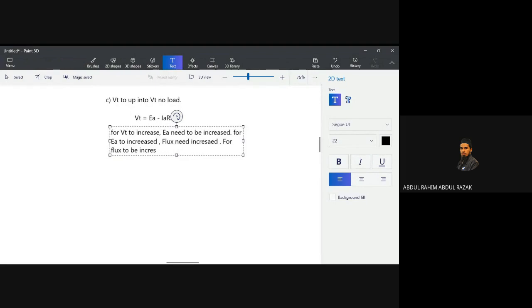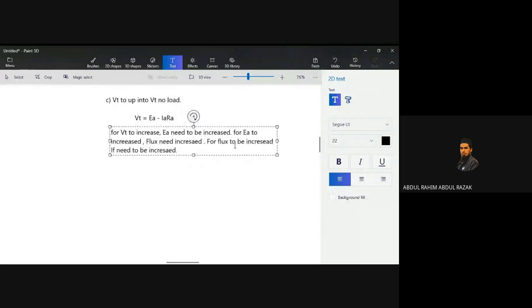So for flux to be increased, IF needs to be increased. Typo error, kena ulang, jangan buat typo error. So IF has to be increased.